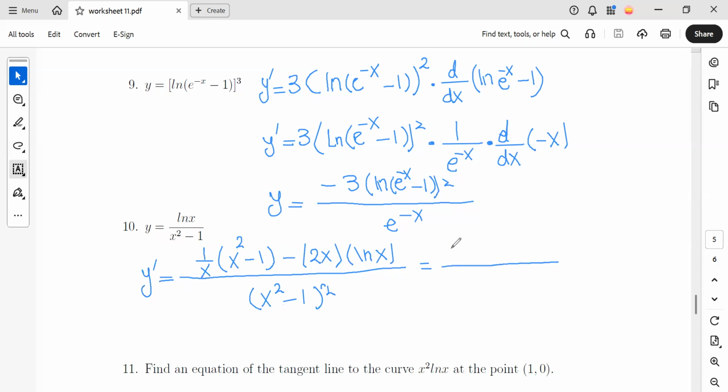We would get x minus 1 over x, minus 2x ln of x, all over x squared minus 1 squared.